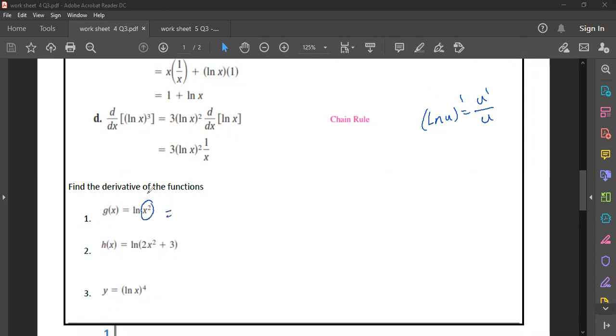The function that we take ln of, and its derivative is 2x over x squared. You have to rewrite this in the simplest form. Here, g prime is implied, not g. That is the derivative. I divide both numerator and denominator by the greatest common factor.